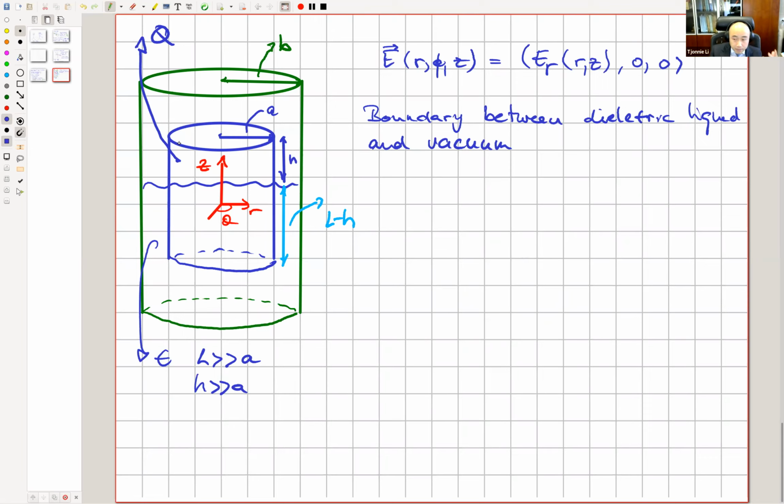Right, that should still be parallel to the surface itself, because the E field is going in a particular direction like this.